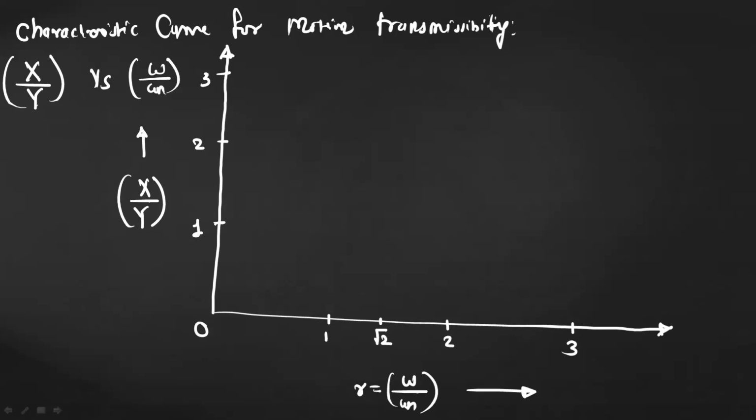To plot this graph, we have to select different values of zeta. I will start from zeta 0, and we refer to that last equation for x upon y. In that equation, just put the value of zeta 0, and then select various values of frequency ratio.